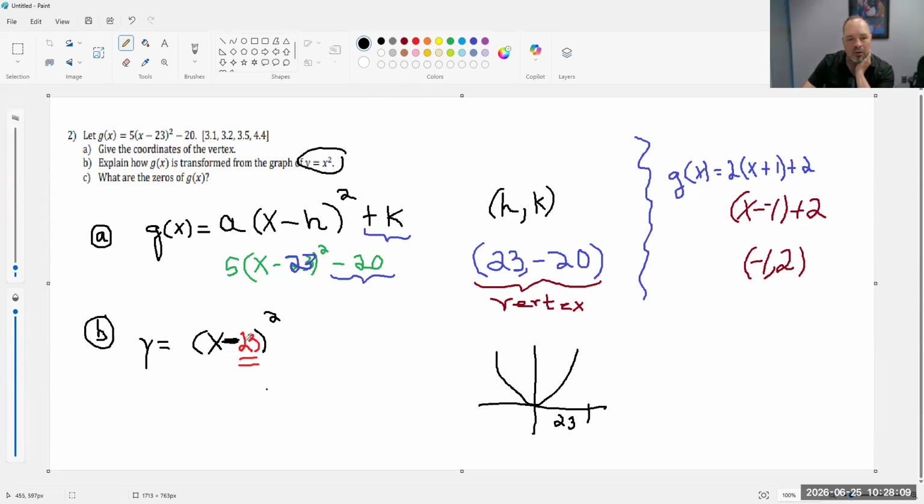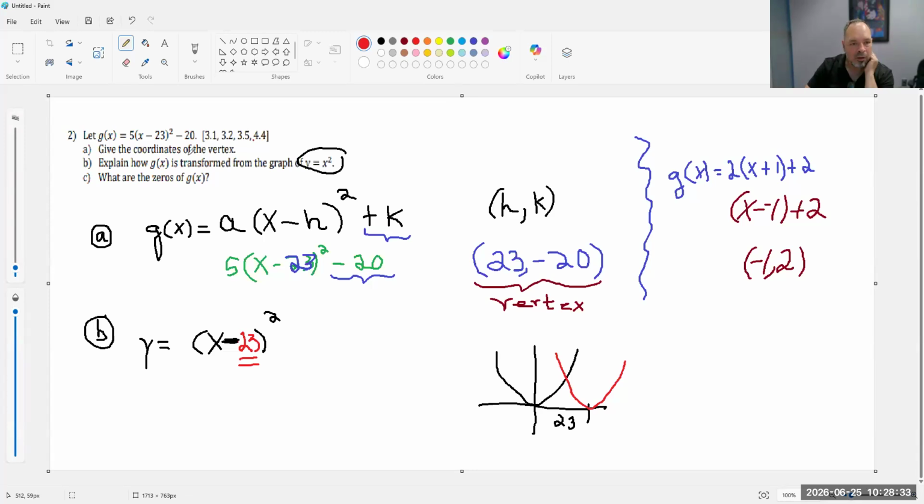And so with just this minus 23 change, now you've got the same exact function, the same shape, transformed or shifted to the right 23 units.